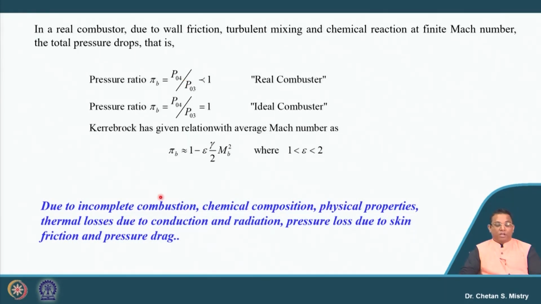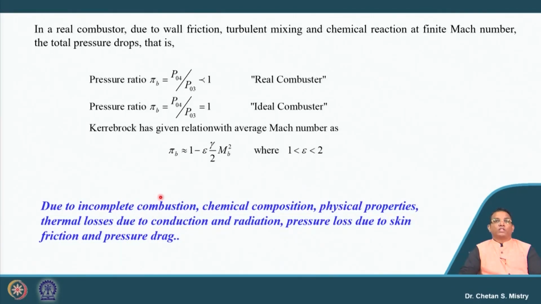So, there are many reasons for this total pressure to be lost. It is due to incomplete combustion, chemical composition of the fuel, physical properties, thermal losses because of conduction and radiation, pressure losses because of screen friction, maybe pressure drag.